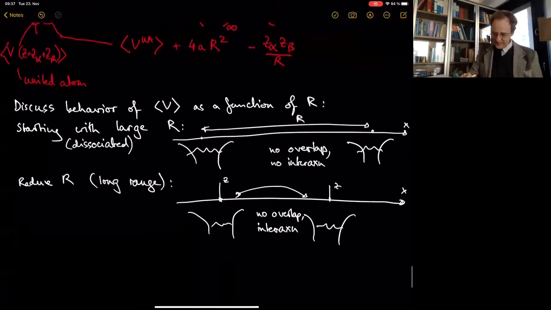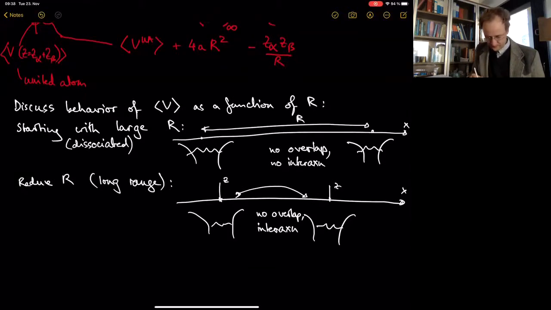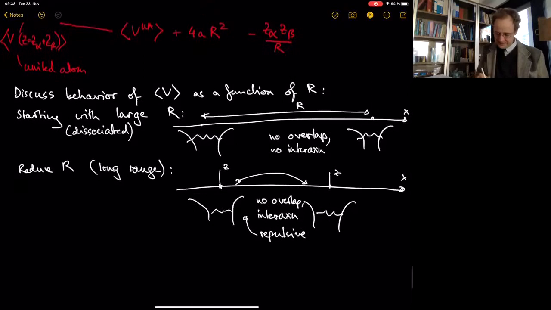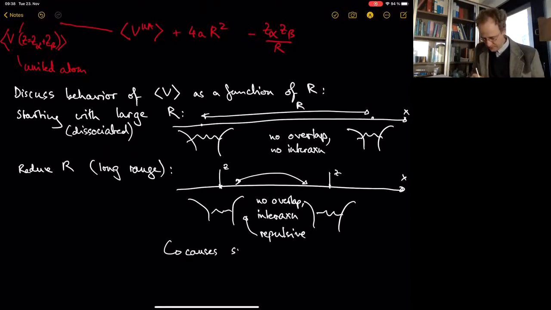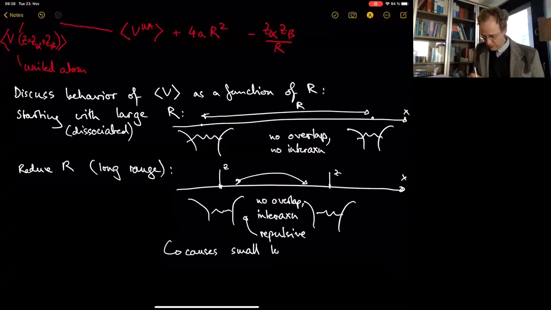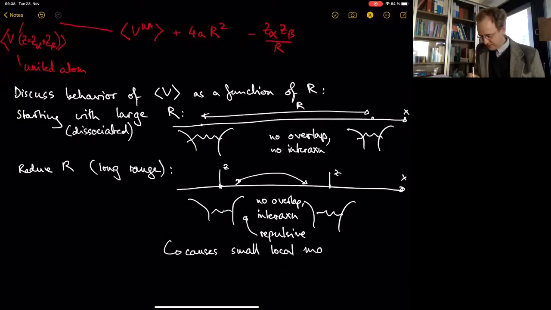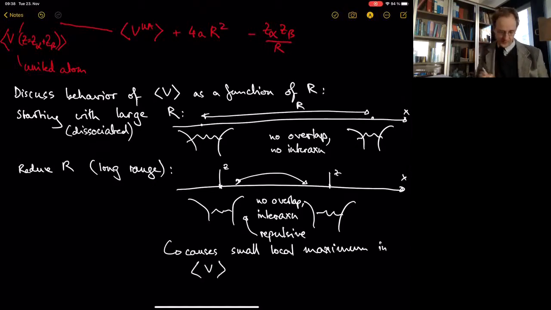And this results in a repulsive interaction. And this is what causes this little bump in the potential energy. It causes a small local maximum in the potential energy. Okay.